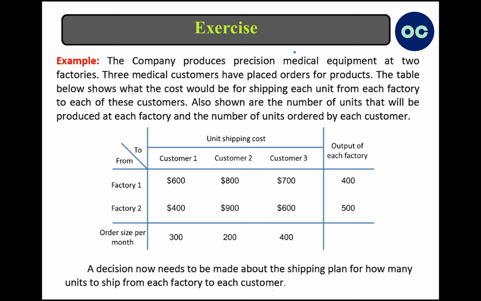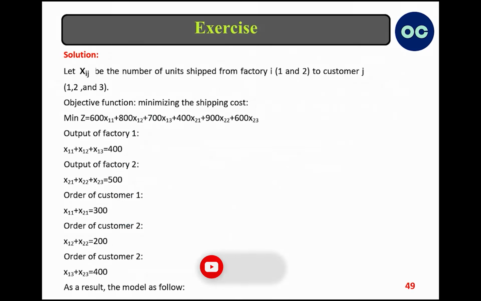The table below shows the shipping cost per unit from each factory to each customer, as well as the number of units to be produced at each factory and the order by each customer. A decision needs to be made regarding the shipping plan, or how many units should be shipped from each factory to each customer. It is called the transportation problem.